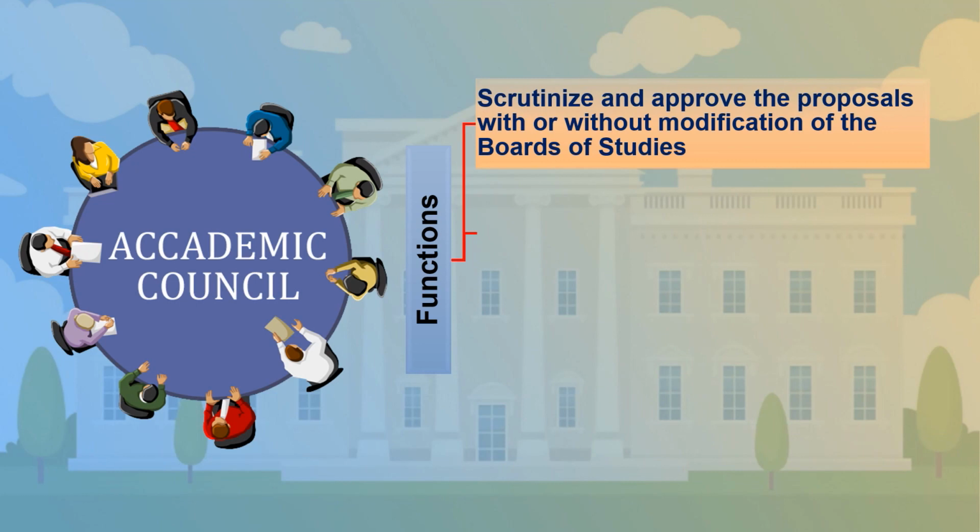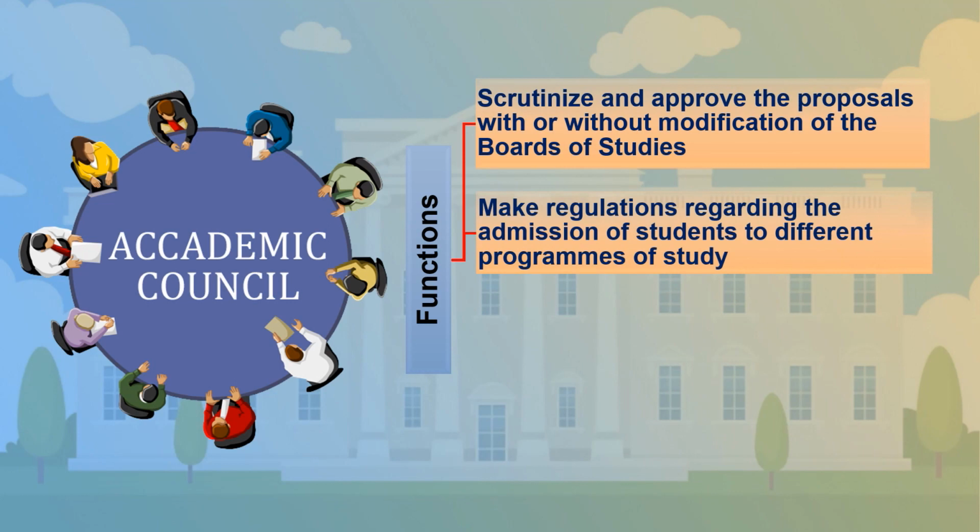If the academic council have different opinion, then they have the right to return the matter for reconsideration to the board of studies, or they may reject it with valid reason. Next is make regulations regarding the admission of students to different programs of study, keeping in view the policy of the government.